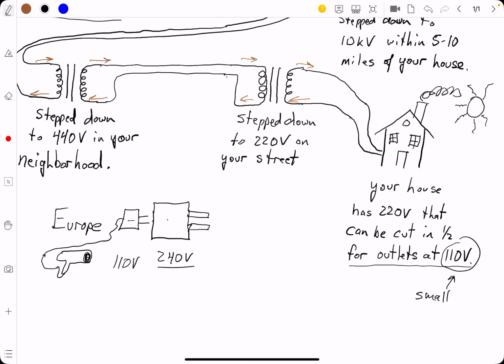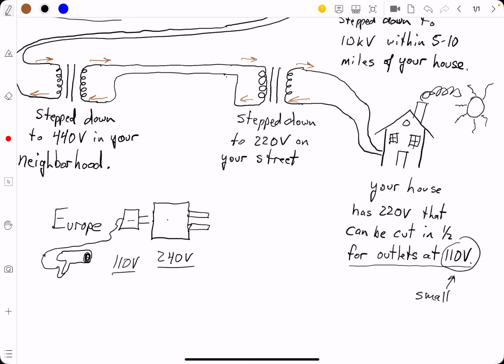I don't know if you guys have seen it, but there are switches on your hair dryers or other assorted items in your house that you plug in, and you can see there's a switch, and it'll say 240 or 120 or 110, 115, something like that.